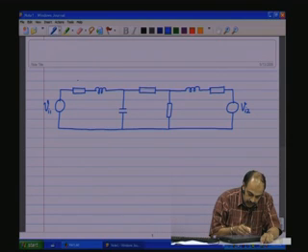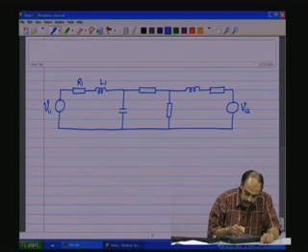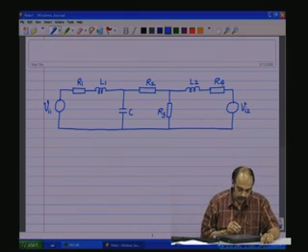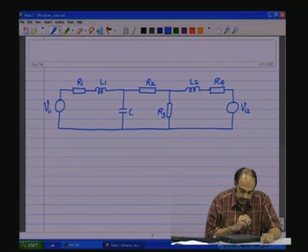We have the parameters here, let us say R1, this is L1, this is C, R2, R3, L2, R4 and the source VI2. So, this is the circuit.